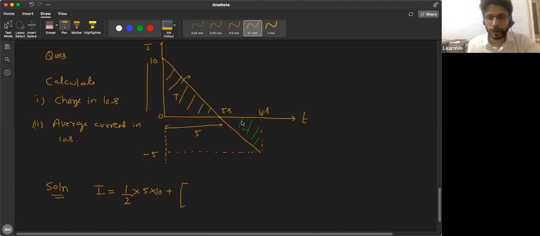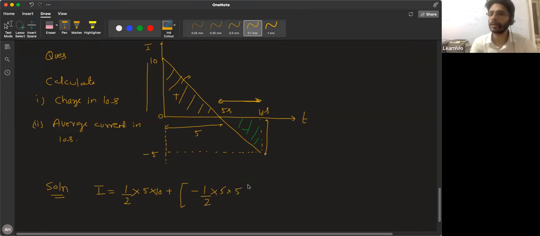But if you look, this area is below the time axis, so it should be negative. It will be minus of half base into height. This distance from 5 to 10 is 5, and this is minus 5.